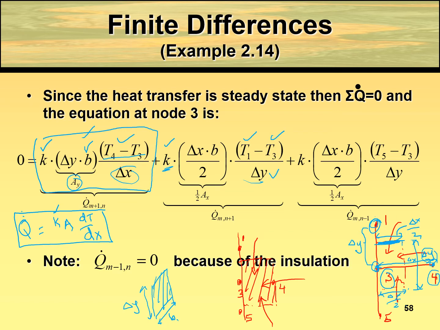Now what about the area? This area here is this line multiplied with some thickness. You need to imagine the thickness here. This line here is nothing but delta x over 2. So you get delta x over 2 times b, where b is the thickness we consider. So we are done with this part. Now we are left with another, T5 to T3.